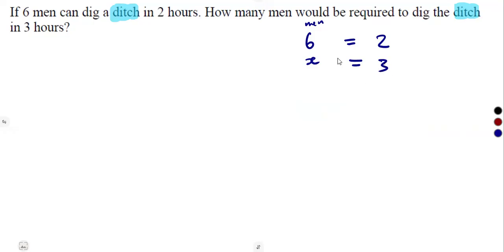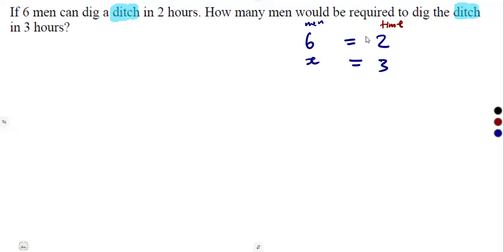More time means it was done by less people, the lesser number of men. Remember, this is the number of men, and this is the time. 2 hours, less time, it means there were many. The more men, the less time it takes to finish a job in reality.